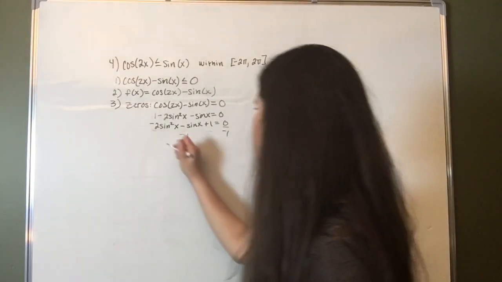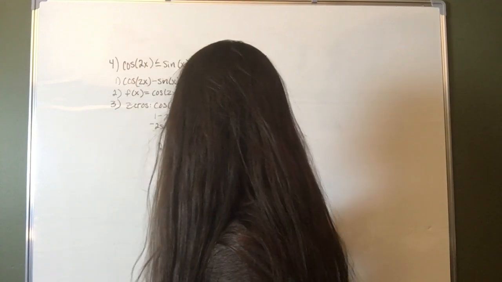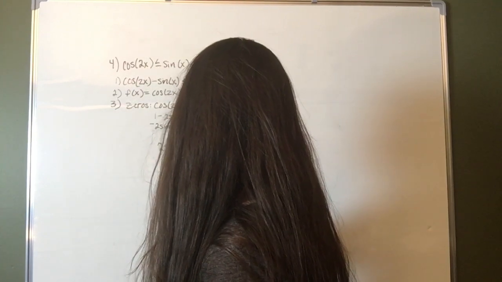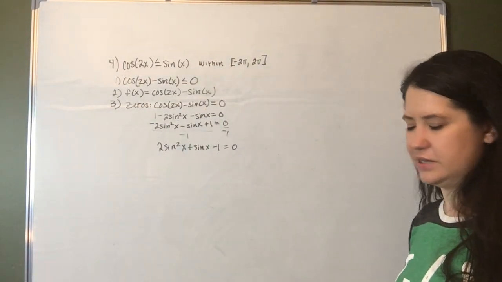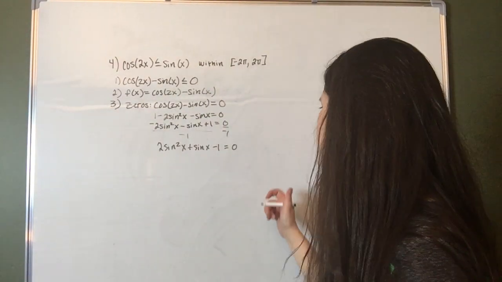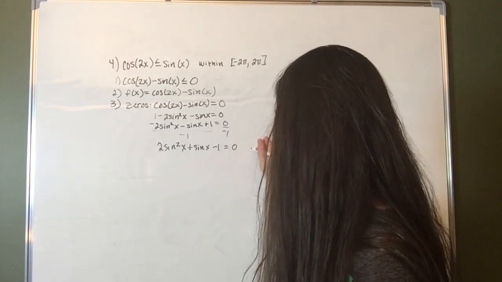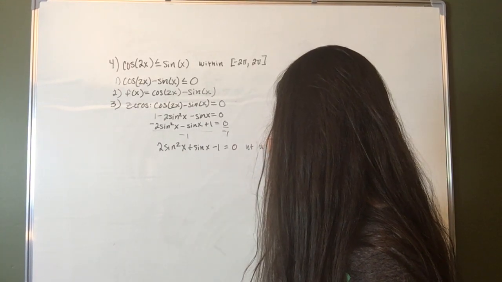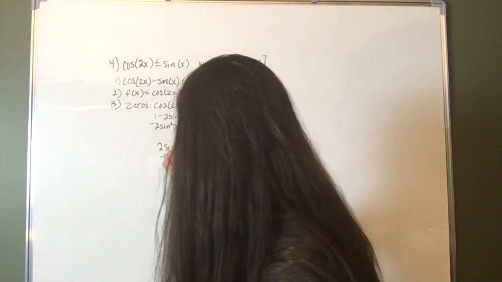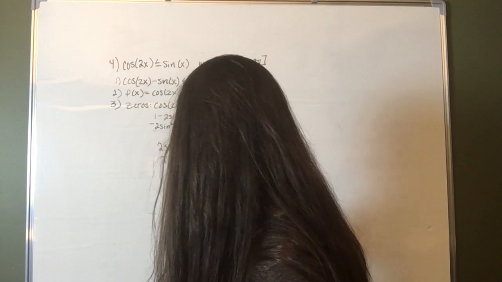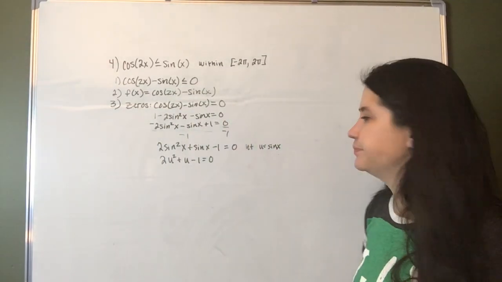Okay, so that gives us positive 2 sine squared plus sine minus 1, still equal to 0. Now at this point I'm going to go ahead and make a substitution. So I'm going to let u take the place of sine. So that gives us 2u squared plus u minus 1 equal to 0.